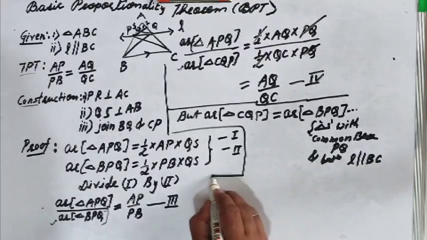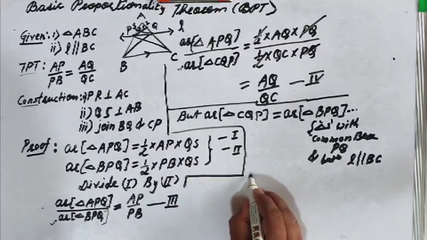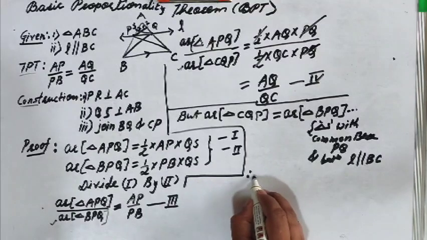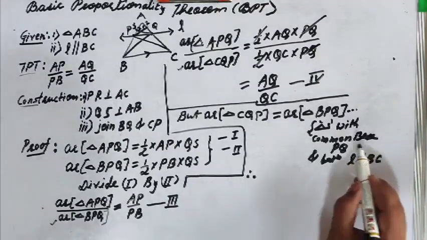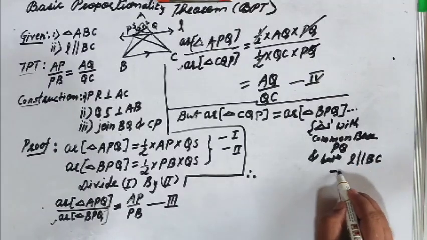Therefore, what can we get now? Say this is point number 5.